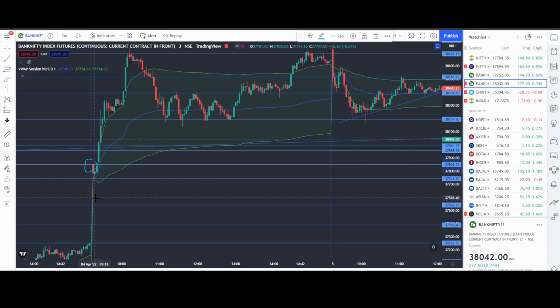The market came down in the first candle, but you could see one of our setups is that if the second candle doesn't breach the 50% of the first candle, it is kind of a bullish day or a sideways day.